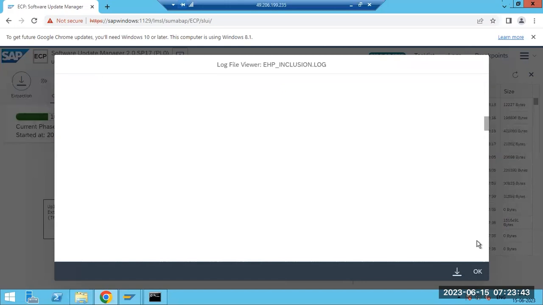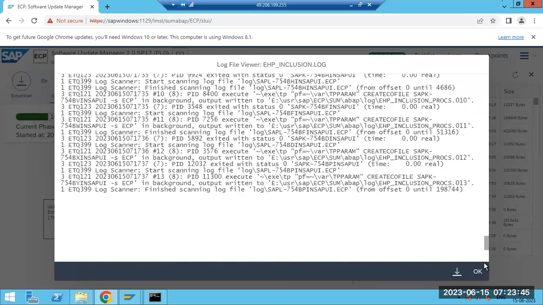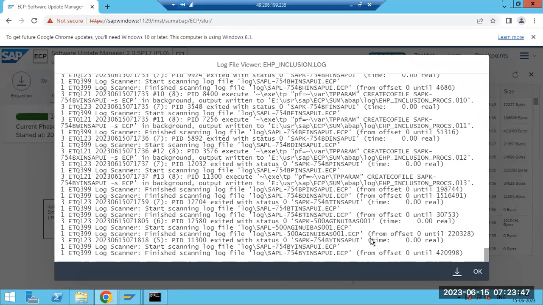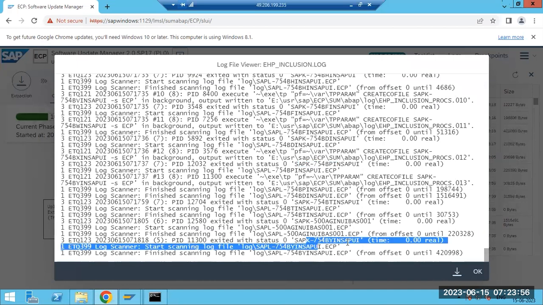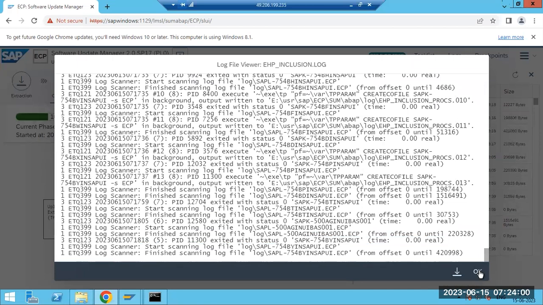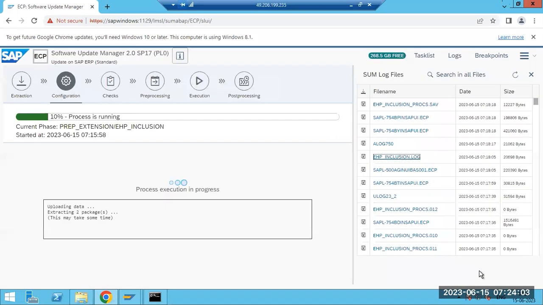If you scroll down, all the information will be displayed here, including what the patches are. All these patches are from our download directory only.